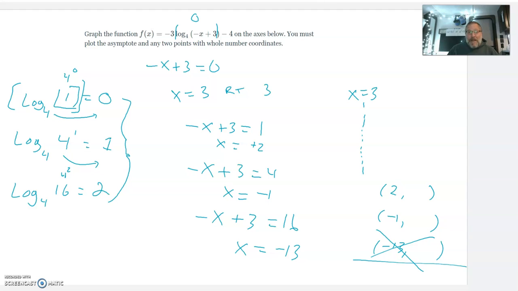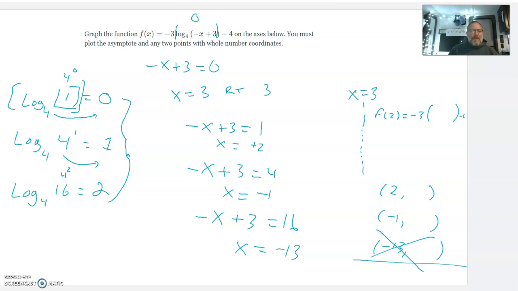So now let's plug and chug a 2. Let's evaluate f of 2. f of 2 is equal to negative 3 times the log minus 4. I ran out of room right there.